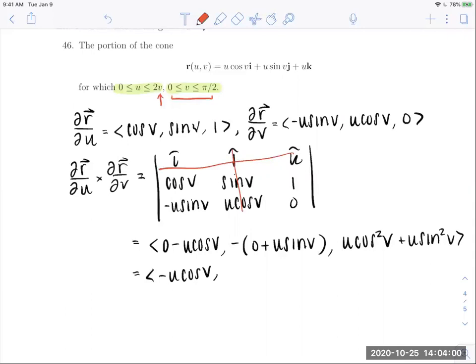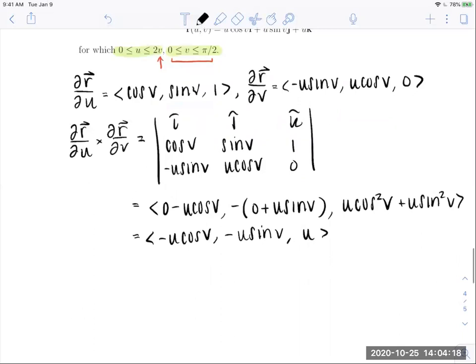But then when I negate it, it's negative. All right, just wanted to make sure that that's correct. A negative u sine v. And then finally, when I factor out a u, I get cosine squared plus sine squared, which reduces to 1.